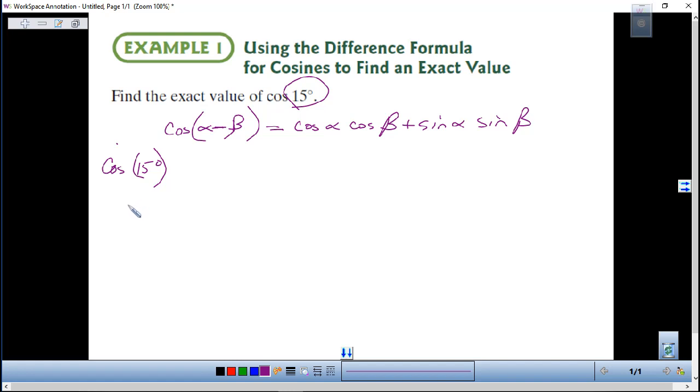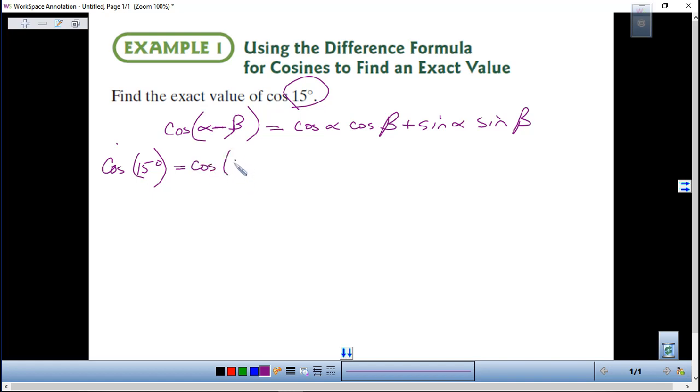Now, the known angles on the unit circle: pi over 6, pi over 4, pi over 3, all those. 30, 60, 90, 45. So you're looking for two of those angles that are going to subtract and give you 15. Hopefully you can recognize that pretty easily.